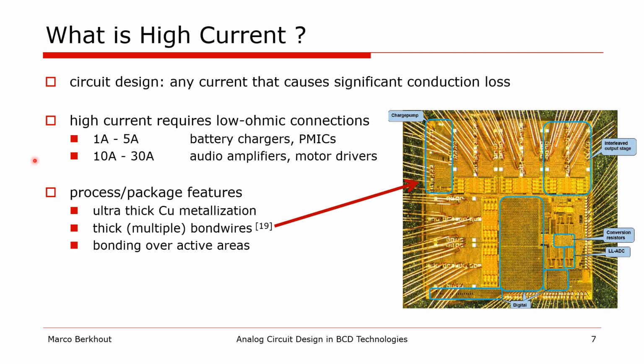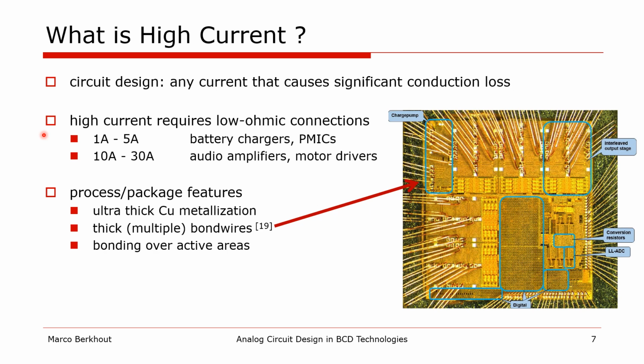So what is then considered a high current? Again, from a circuit design perspective, high current is any current that causes significant conduction loss. On-chip currents are in the 1 to 5 amps range in battery chargers for power management for mobile devices, but can also reach several tens of amps in high-power audio amplifiers and motor drivers.